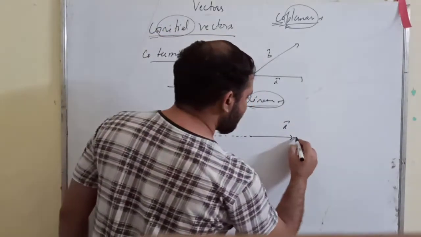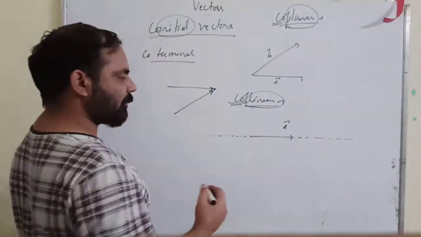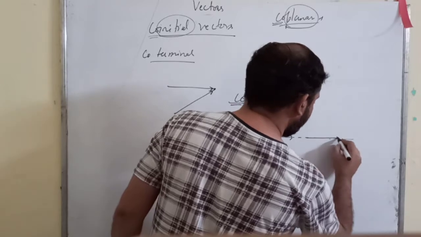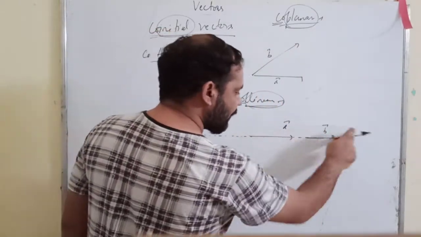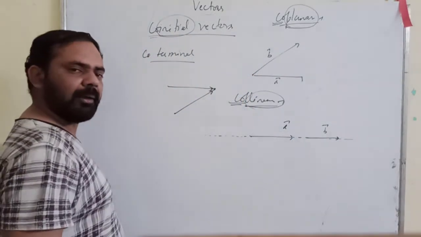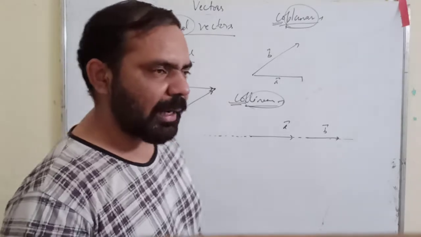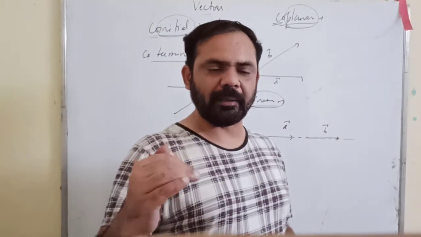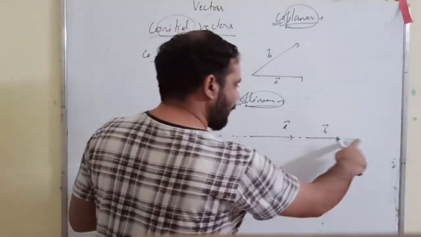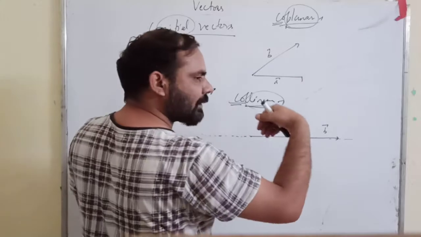The baseline is this one, whose part is your vector, right? Suppose I make another vector here, B vector. Now A and B share the same baseline, so they are collinear vectors. Any two vectors with the same baseline are called collinear vectors. Line is this one, and co means sharing the same line.